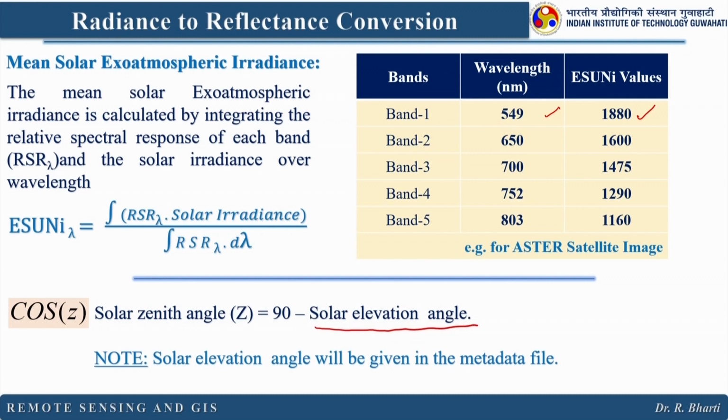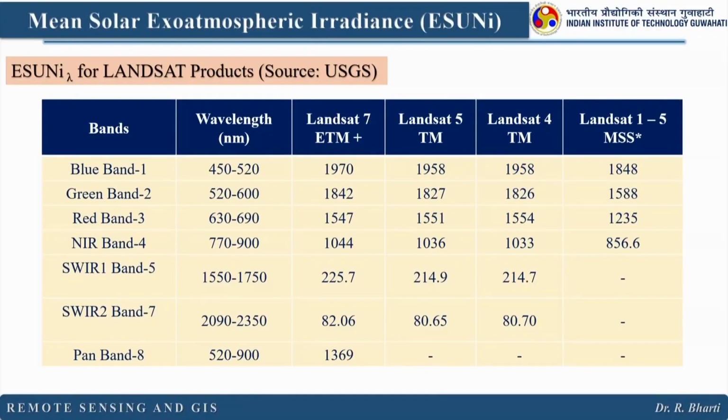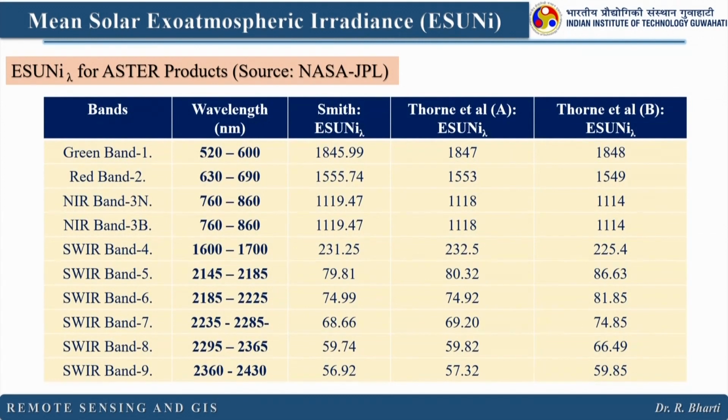If you subtract the solar elevation angle from 90, that will give you the solar zenith angle. So, that will be Z. This is for Landsat image. These are the ESUNI values, and for ASTER image, this is the ESUNI value. It is available on the website. You can always go to the NASA JPL website and see all these values, and these values are basically given by these researchers.